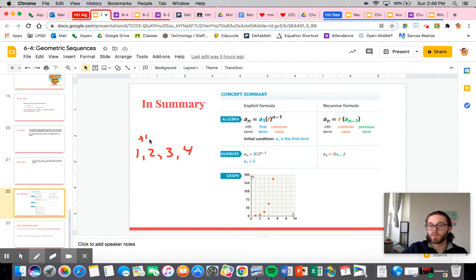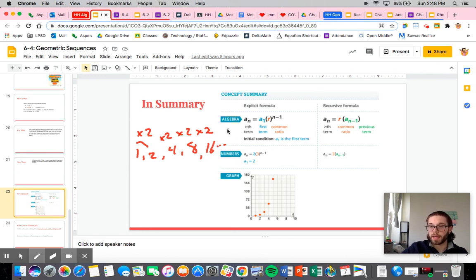We were adding 1, adding 1, adding 1. That would be an arithmetic sequence. With a geometric sequence, we're not going to be doing that anymore. We would have something like 1, 2, 4, 8, 16, and so on, right? I keep multiplying now. I have a ratio. I keep multiplying by the same thing. Times 2, times 2, times 2, times 2, and so on.